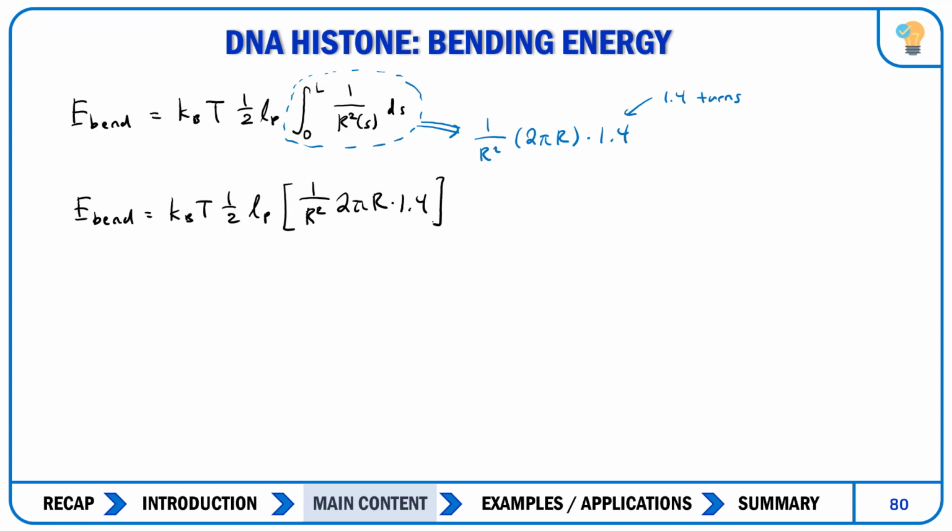And that's going to be equal to kBT 1/2 LP 2 pi over r times 1.4, and that's going to be approximately 50 kBT.